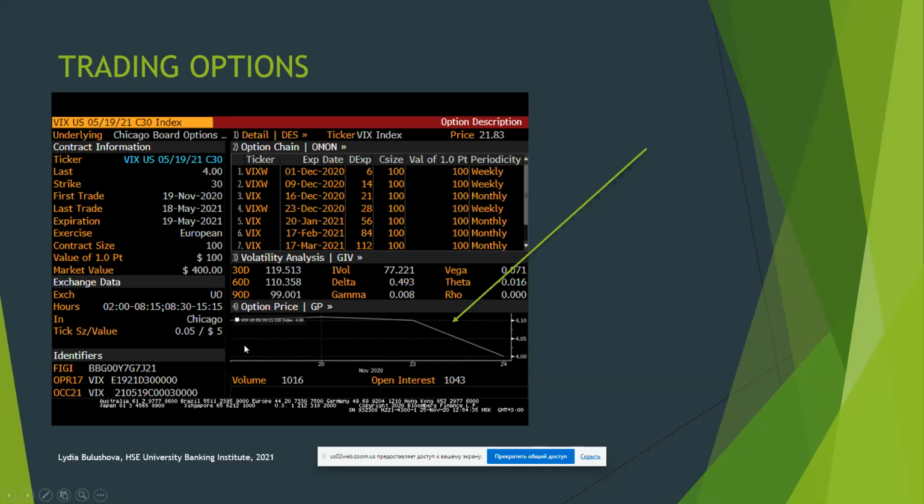So what else is available here? This is a price. This is a payoff graph. Volume, open interest. Open interest is important because liquidity is somehow critical to options markets. If there is no open interest, you just can't trade this option. That's why the open interest graph is important. This is trading hours.